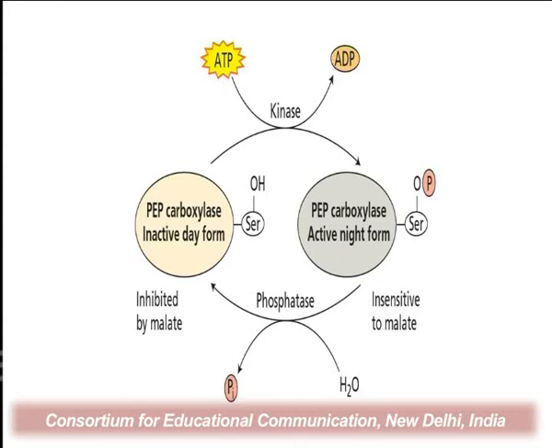So a very beautiful cyclic regulation occurs: the PEP carboxylase inactive day form gets phosphorylated, ATP is used and the kinase enzyme is active, and as a result the active night form is formed, which is insensitive to malate. It can do its job, and when it has to return to an inactive form, it is acted upon by phosphatase, water is required, and now this enzyme is inhibited by malate.